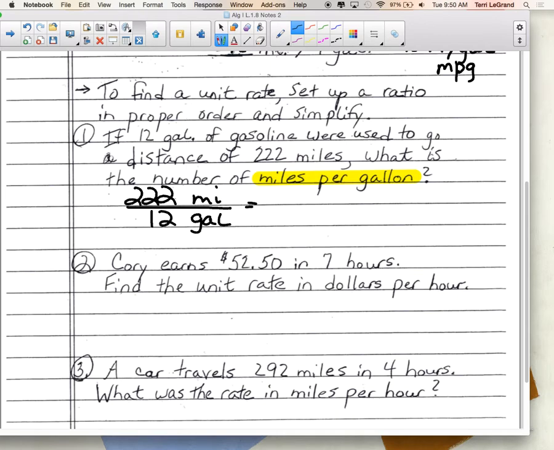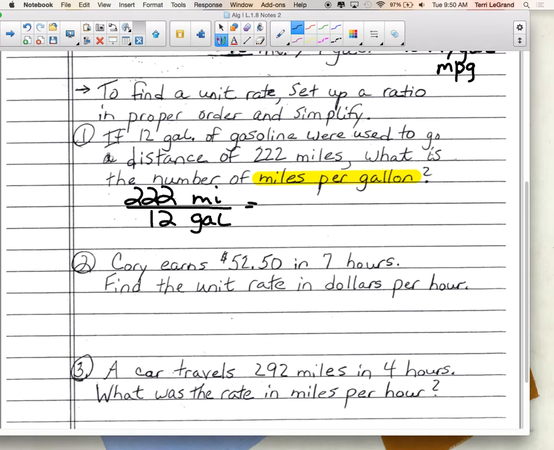So when we're setting up our rates, we'll show those different units of measure, because then we can make sure that we're setting it up properly. Sometimes we're not really sure what number should be divided by what number. Sometimes we just automatically think the bigger number should be divided by the smaller number, not necessarily.